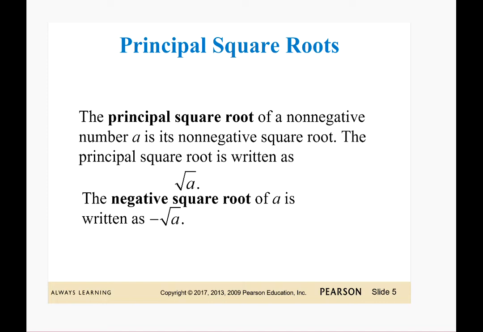So you automatically know that they want negative 4 squared, just to make it easier for you. So for the principal square root, they will just have a regular square root. So that would just be the square root of 16. We know that would be 4. Okay, so if they wanted the negative 4, then they would put the negative in front. So the negative of the square root of 16 would be negative 4. So that's how they're going to give you that slight difference, so you know if they're looking for the negative square root or not.